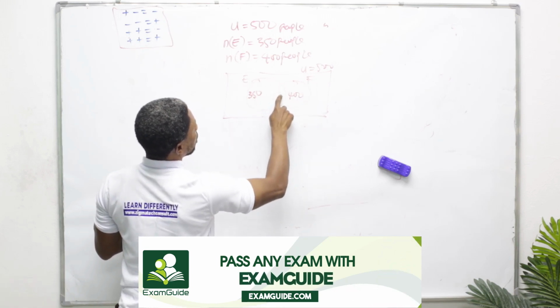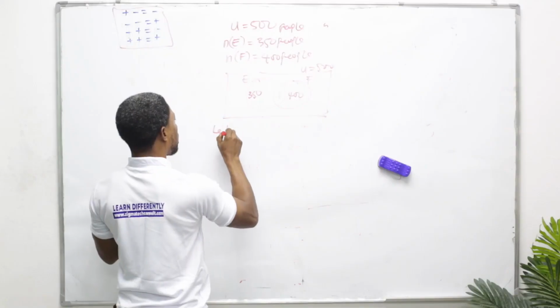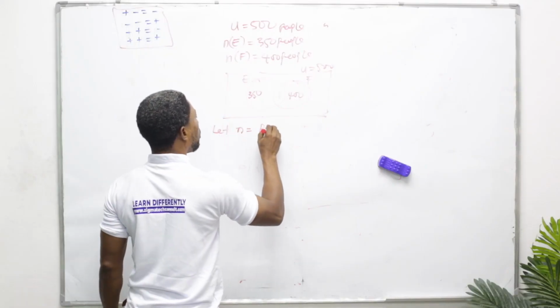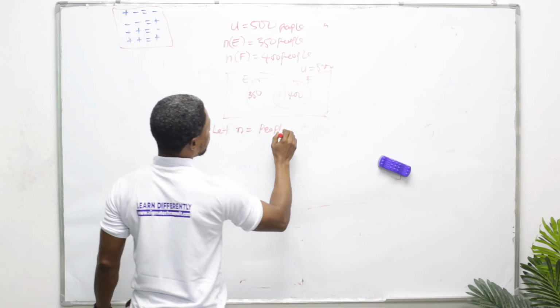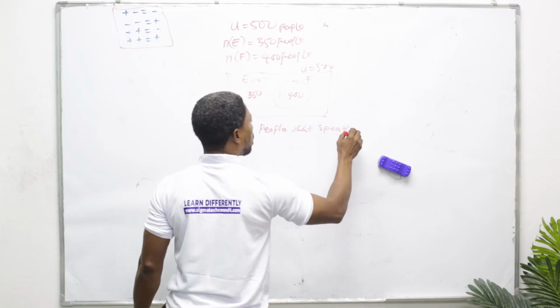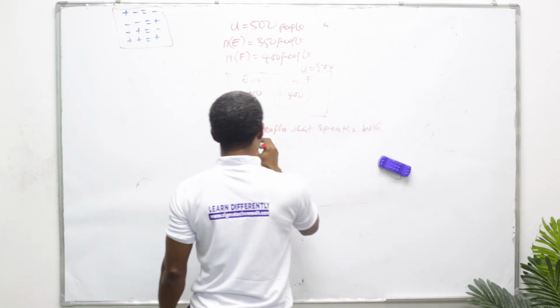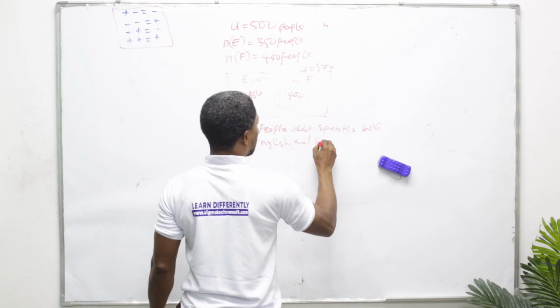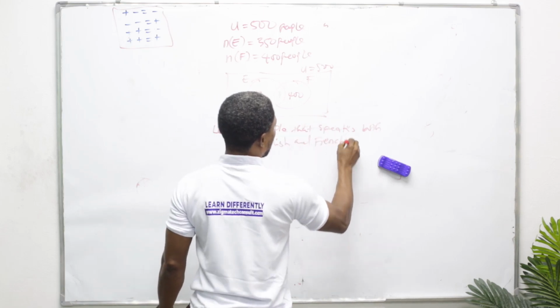Now, this space means the people that speak both languages. So I'm going to say let letter N represent the people that speak both English and French.